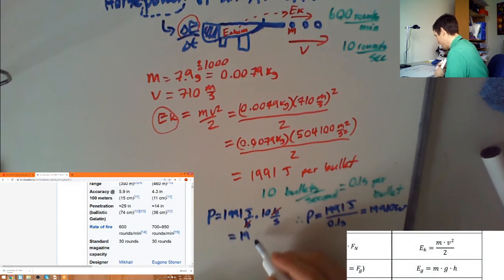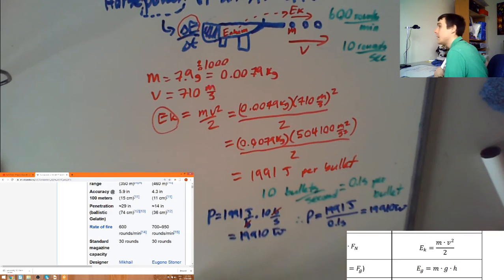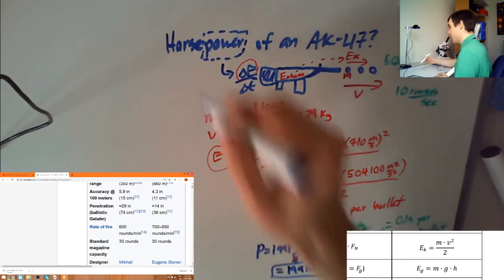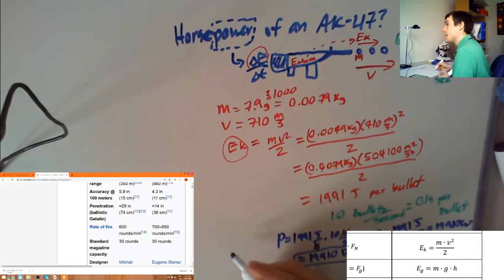Times 10 is 19,910 watts. So we figured out how many watts we've got, but we want horsepower.